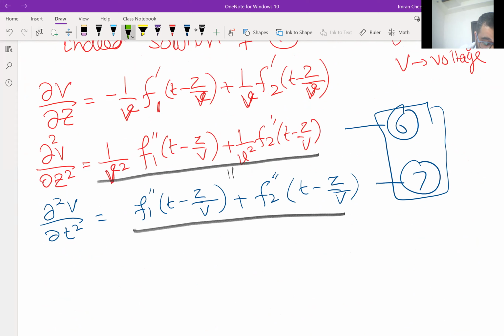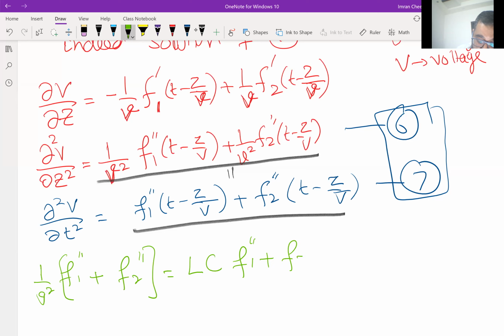So this becomes 1 over v square, f1 double dash, I'm leaving that argument just for brevity, and f2 double dash is equal to LC times (f1 double dash plus f2 double dash). So are they equal?